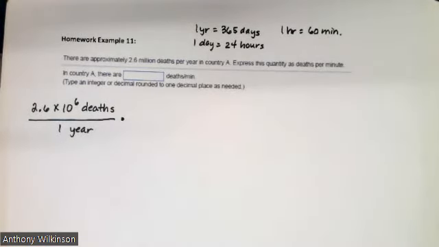So we're going to convert from deaths per year to deaths per day, and then to deaths per hour, and then to deaths per minute.